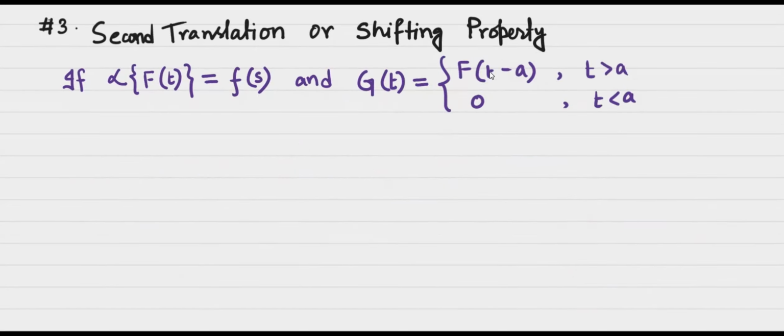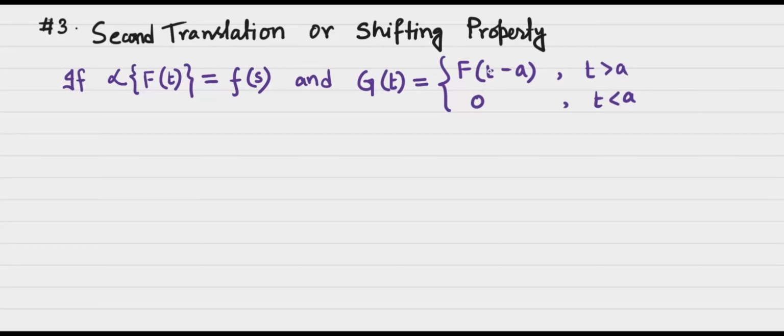Okay, so this is the third property, which is called the second translation or second shifting property. And as before, we have a Laplace transformation of a given function, and then we have another function which, after a certain number, looks like this function right here, capital F of t, but it's been shifted.